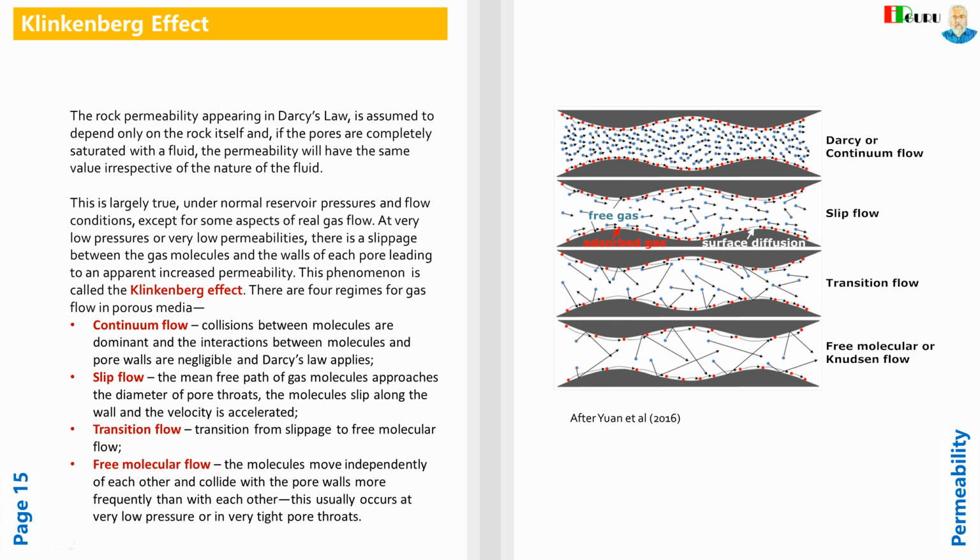The molecules slip along the wall and the velocity is accelerated. Transition flow: transition from slippage to Knudsen diffusion. Free molecular flow: the molecules move independently of each other and collide with the pore walls more frequently than with each other. This usually occurs at very low pressure or in very tight pore throats.